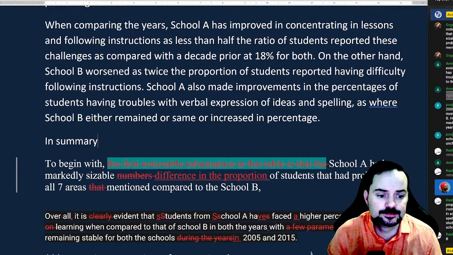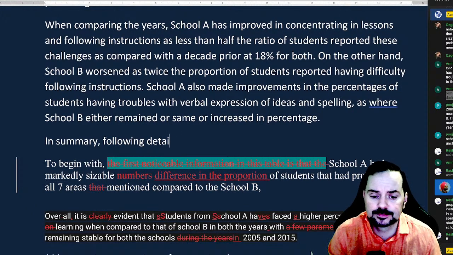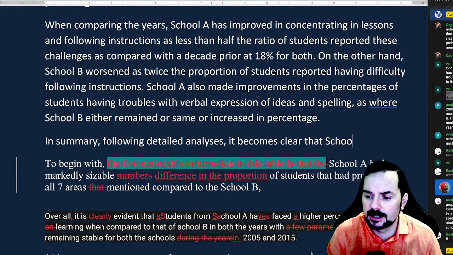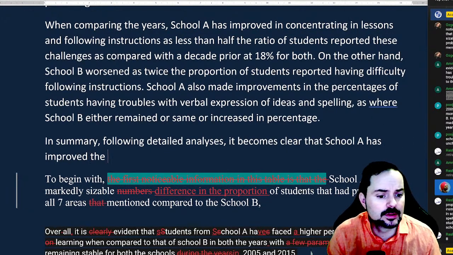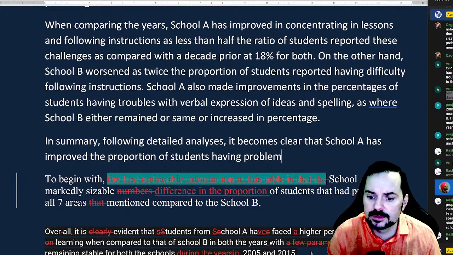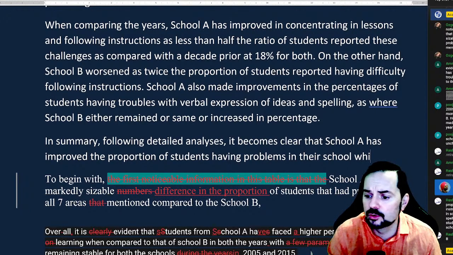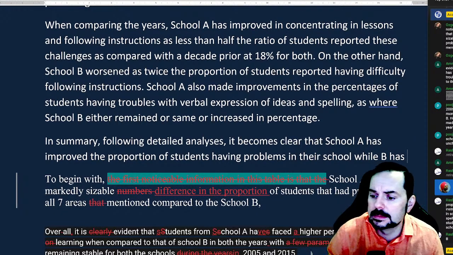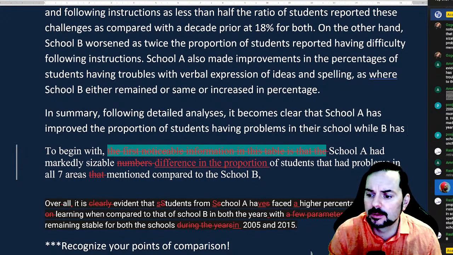So in summary, following detailed analysis, it becomes clear that school A has improved the proportion of students having problems in their school, while school B has worsened.